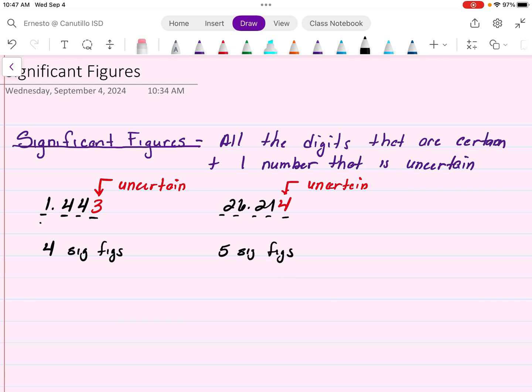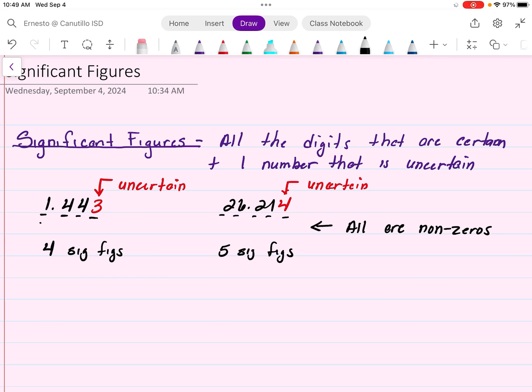Now, these are really easy to see because all these numbers are non-zeros. Any number that is not a zero is going to be significant. Where you're going to start having issues is trying to figure out which zeros are important, and that's where the rules come in. So anytime you see a number, if it's not zero, you just automatically assume it's significant. All non-zero digits are significant.